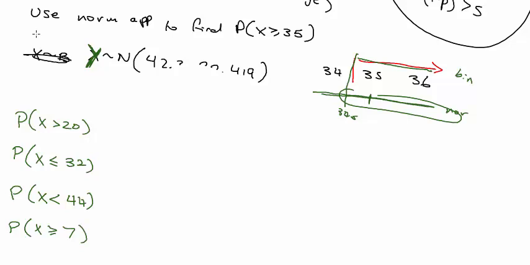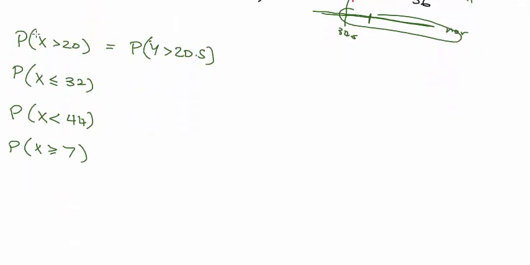Okay, so try to do all of the continuity corrections for this one. First, I'll write what this one should have been: greater than 20.5. If that one doesn't make sense, don't worry, for each one of these I'll give a quick explanation, which you can feel free to skip for the ones you know are correct.